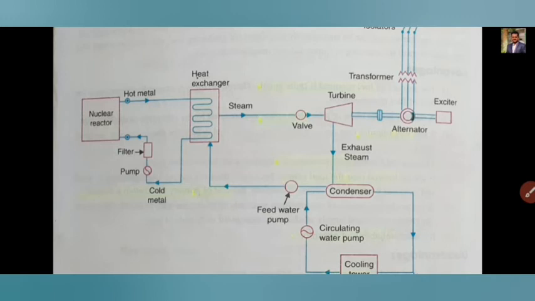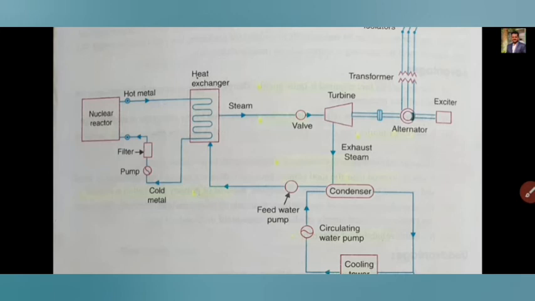In the last class we discussed the thermal power station. The thermal power station requires a huge amount of coal, tons of coal, to produce the heat. In comparison, in this power plant, 1 kg of uranium is equal to 4,500 tons of coal.